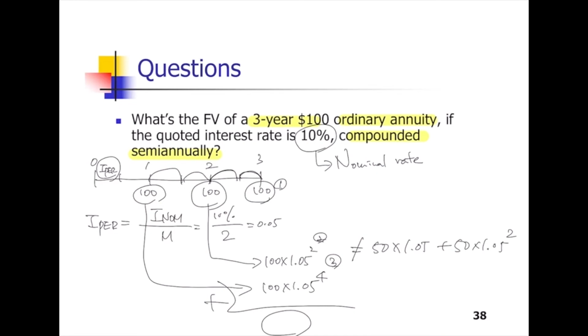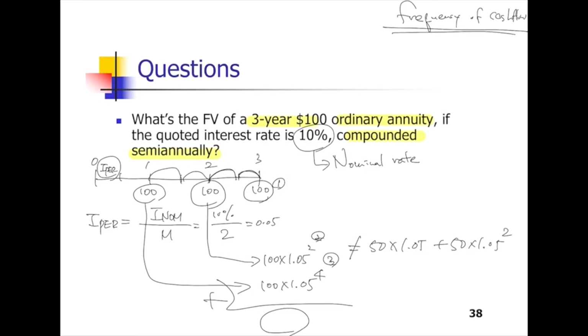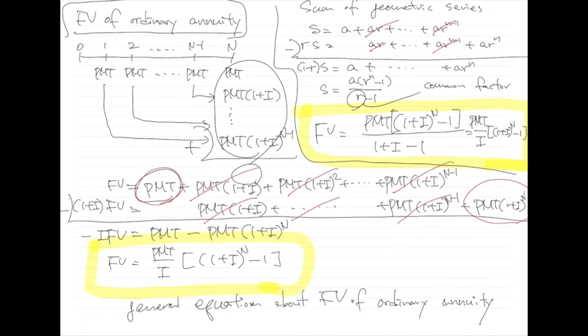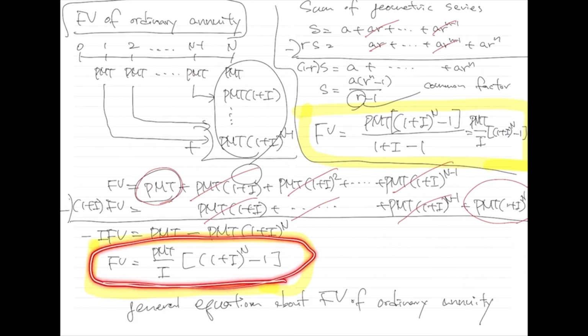So it is important to check the frequency of cash flow. Yeah, that is important. As a method, we already learned the general formula of the future value of an ordinary annuity, right? So we can use that general equation, the one we got here.